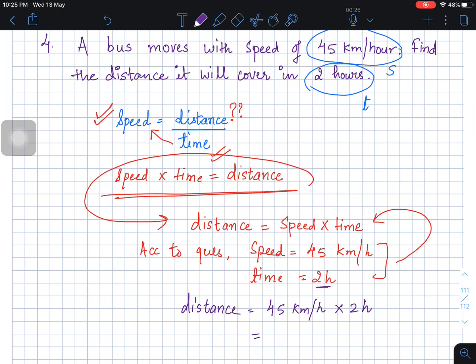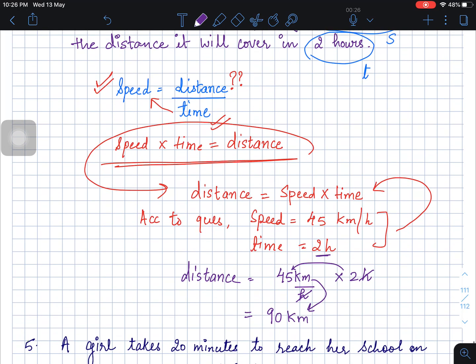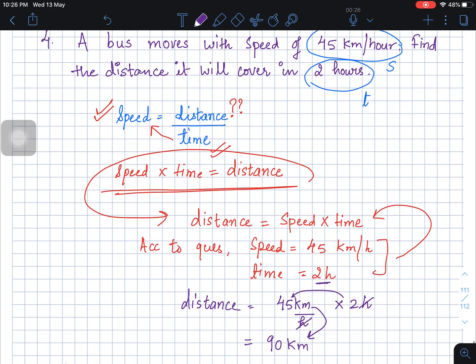If I write this divide properly, this is basically 45 kilometer divided by hour, right? I can write it this way also. So this hour and hour will get cancelled, this 2 will be multiplied by 45 and you will get 90, and this kilometer will be left, so you get the answer as 90 kilometers.